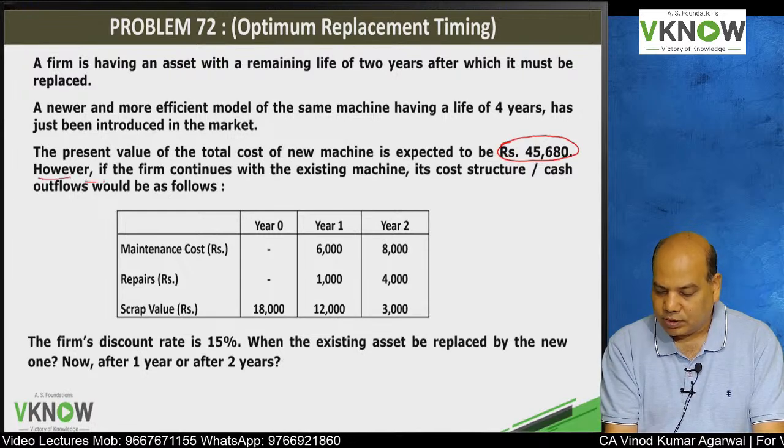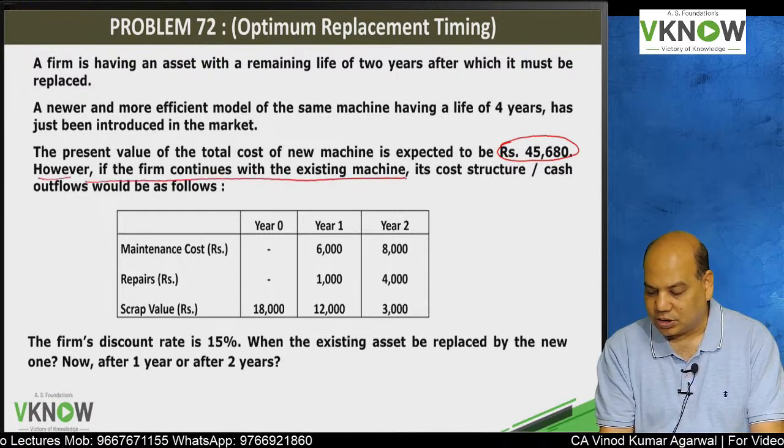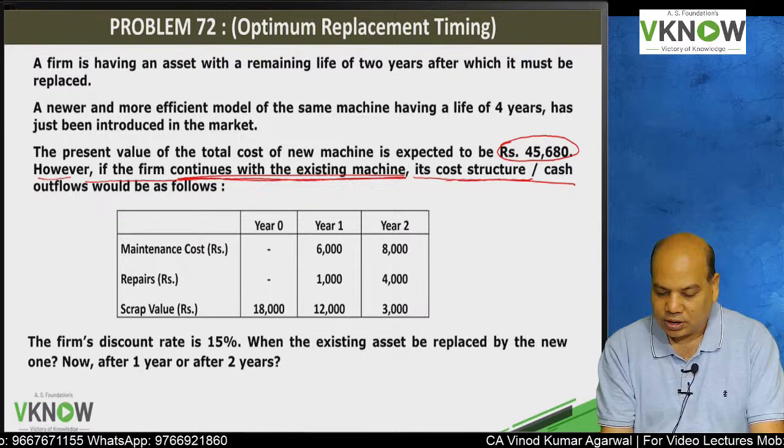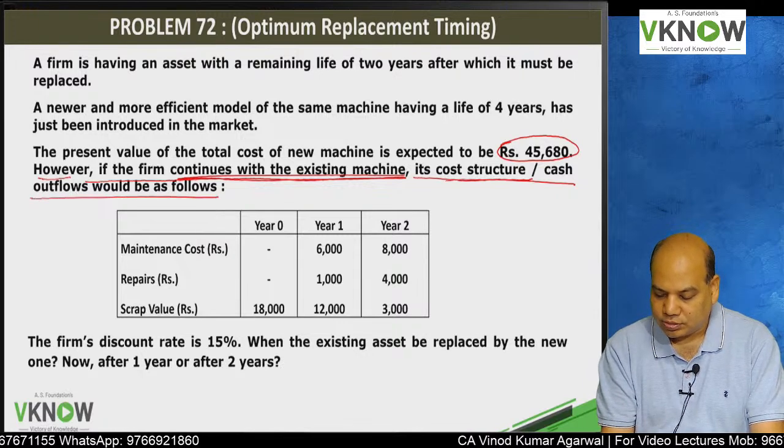However, if the firm continues with the existing machine, suppose you want to use it for 2 more years, its cost structure and cash outflow would be as follows.